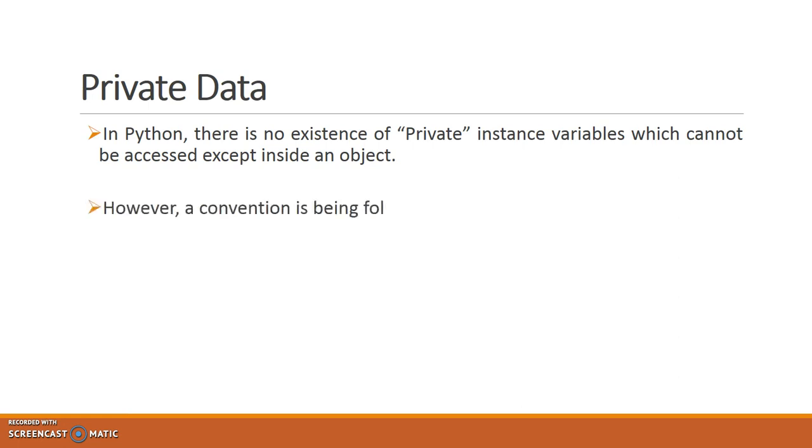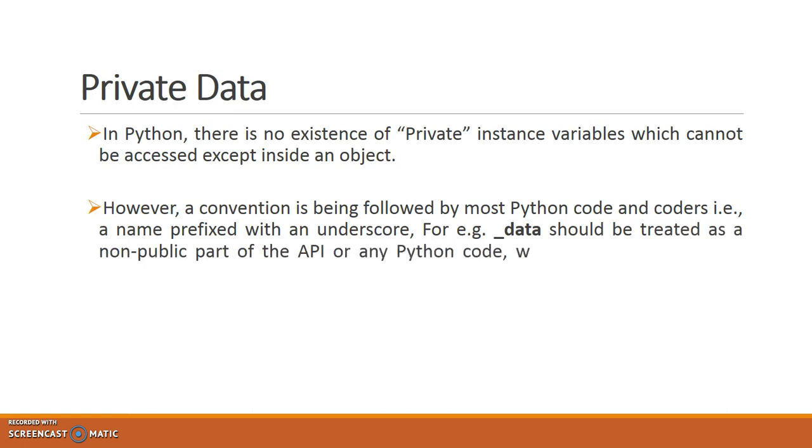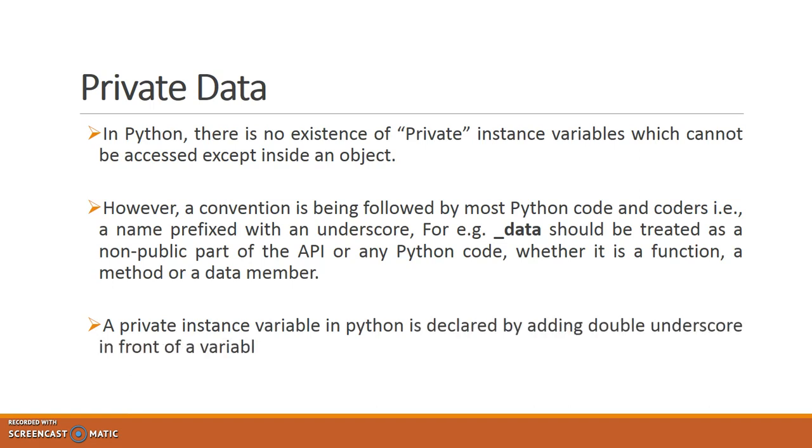However, a convention is being followed by most Python coders, that is, a name prefixed with an underscore, for example _data, should be treated as a non-public part of the API, whether it is a function, a method, or a data member. A private instance variable in Python is declared by adding a double underscore in front of the variable which you want to be private.